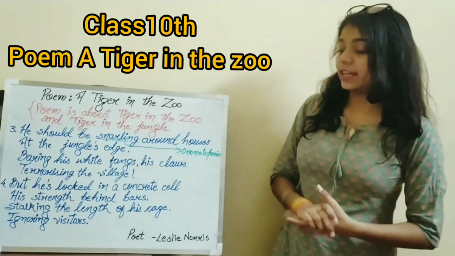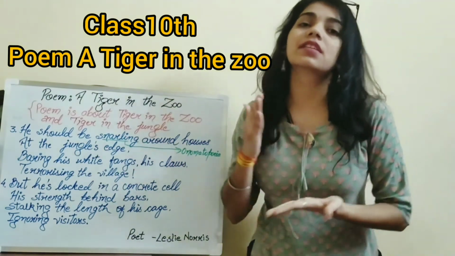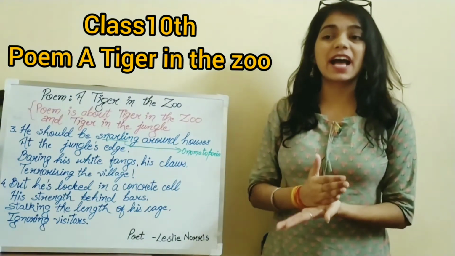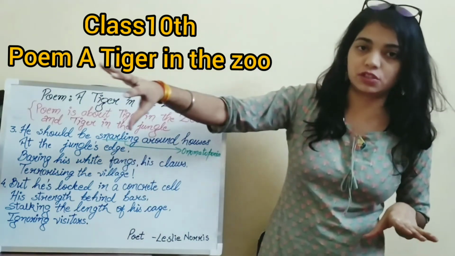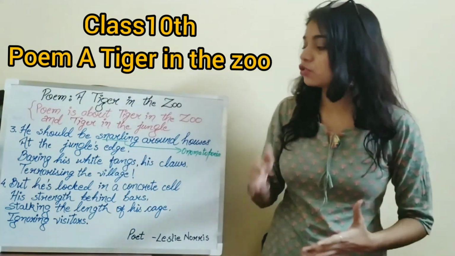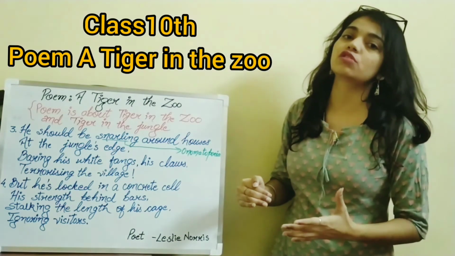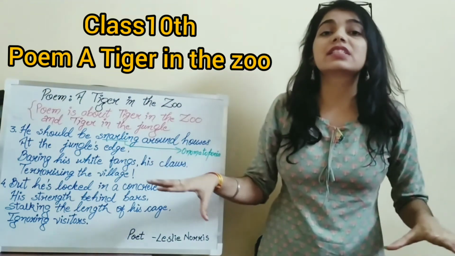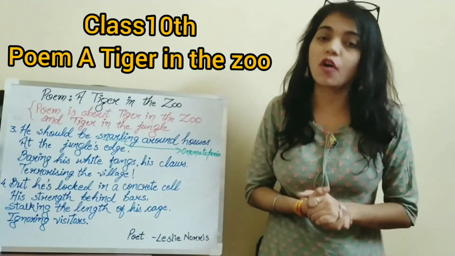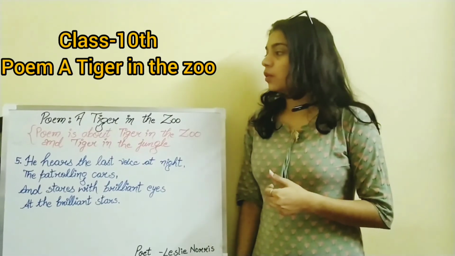And stalking the length of his cage, as that is the limit of the cage, it has just a small space. He can just move that much, not more than that. So stalking the length of his cage, the length is just that much. The length is the cage. Got it? I hope. Okay, learners.